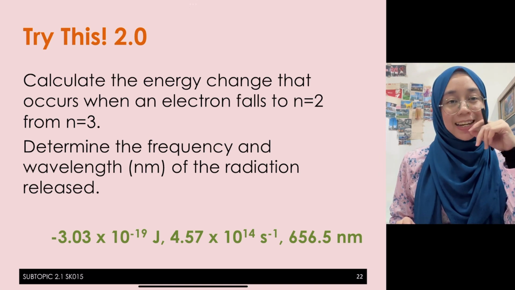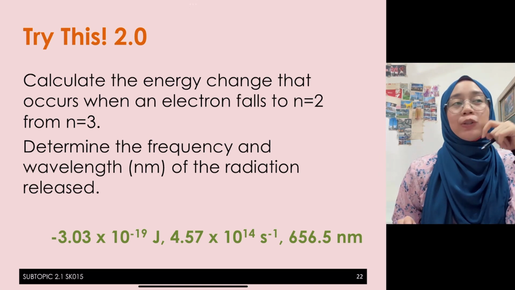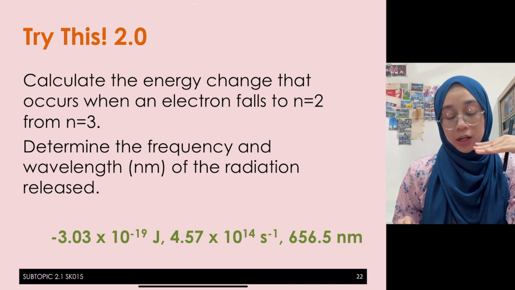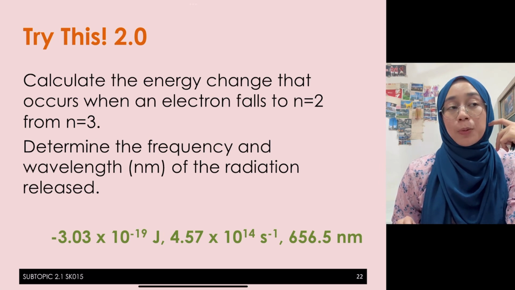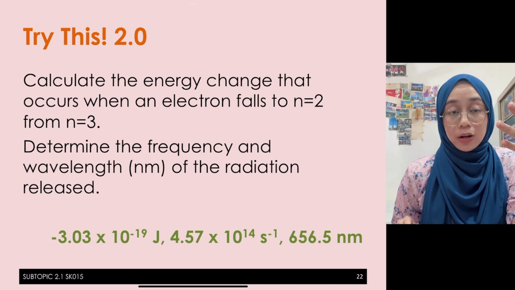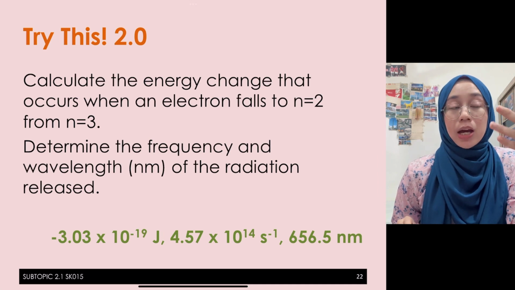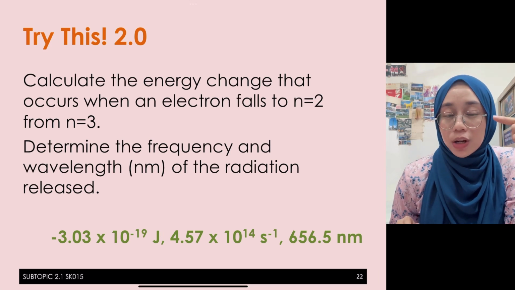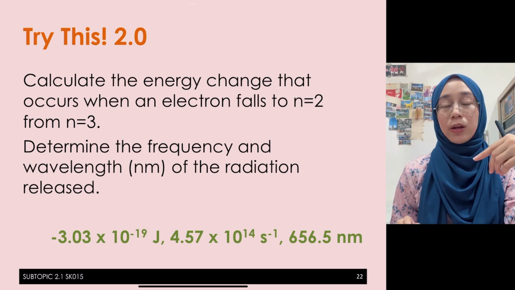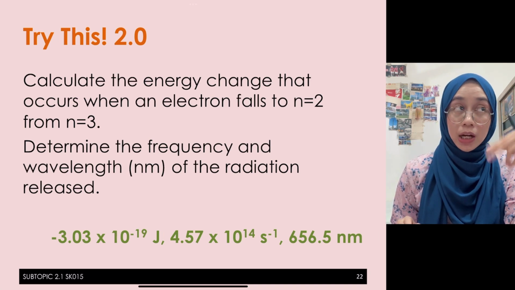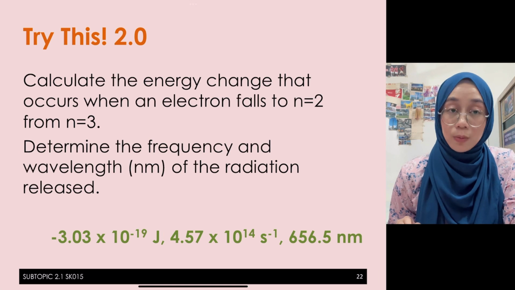Nak buat conclusion sikit lah. Okay, so by now you should be able to, apa yang kamu patut tahu by the end of this video is, kamu patut tahu ada 4 postulate of Bohr's atomic model. Okay, and then kamu kena tahu kalau nak kira energy dekat specific energy level nak guna formula yang mana. Kalau nak kira pula difference in energy between two energy level nak kena guna formula yang mana.